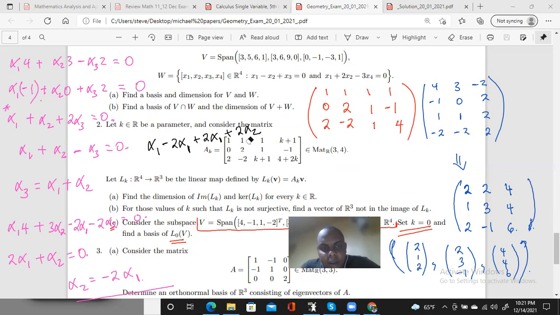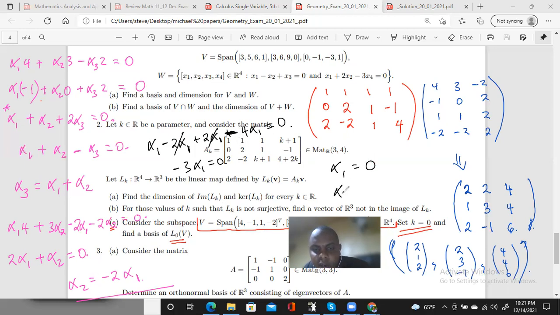So this is minus 4 alpha 1, right? Equals 0. So 1 minus 2 plus 2 cancel. 1 minus 4, that's minus 3 alpha 1 equals 0, meaning that alpha 1 has to be equal to 0.